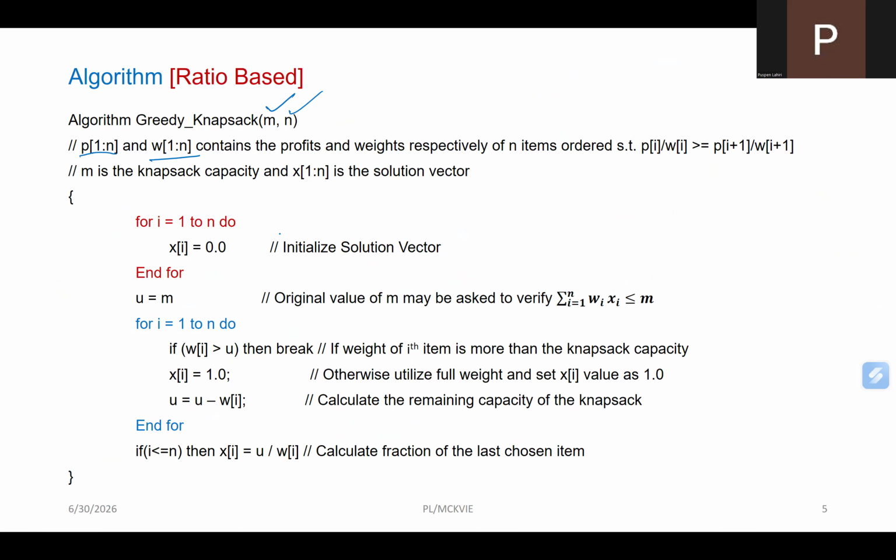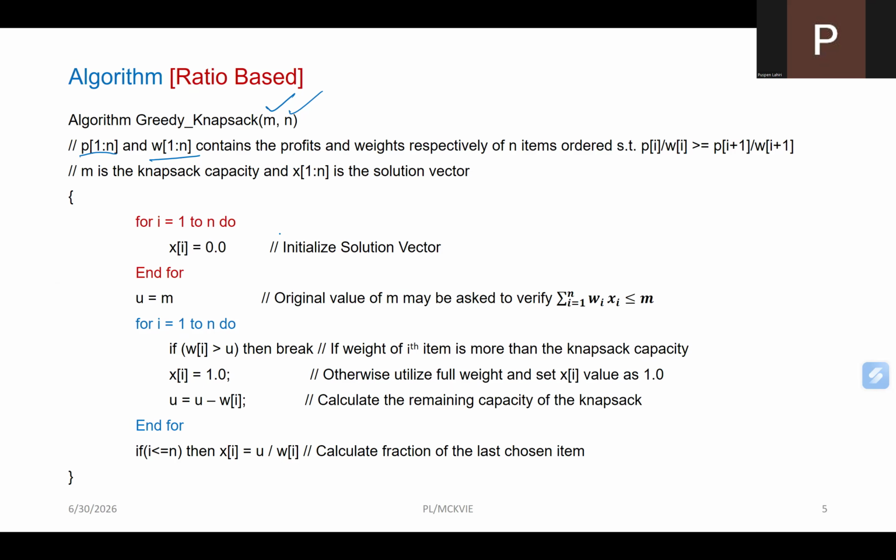P and W contain profits and weights respectively of N items, ordered such that Pi/Wi ≥ Pi+1/Wi+1. This is an indication. The algorithm assumes that, before it is executed, there should be a pre-processing step.